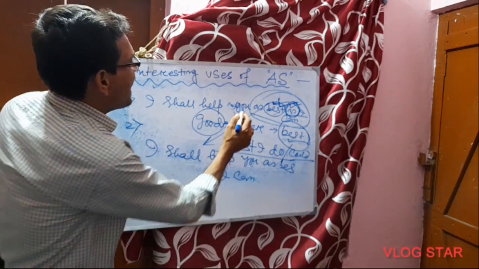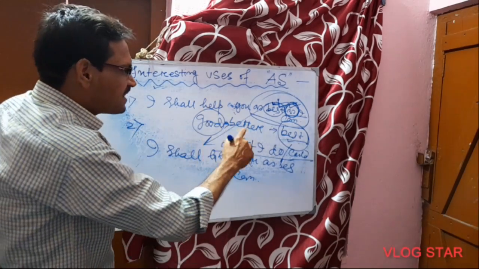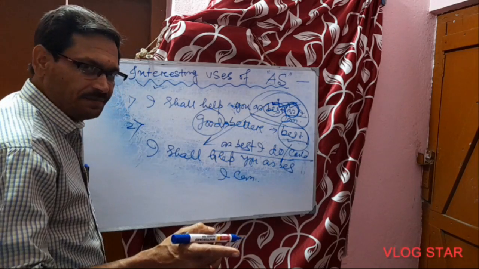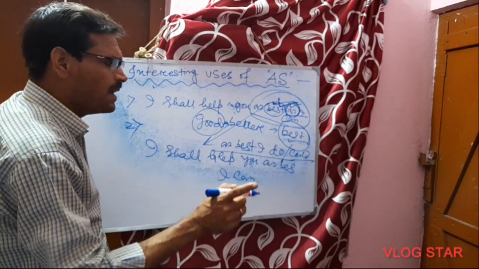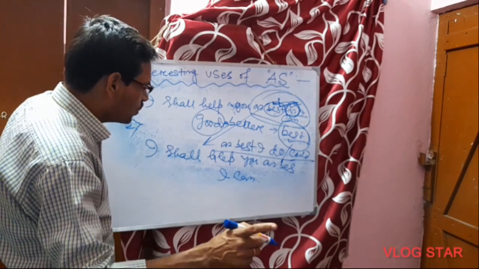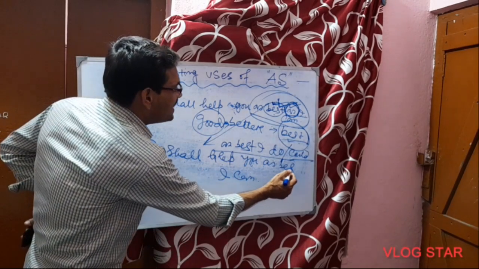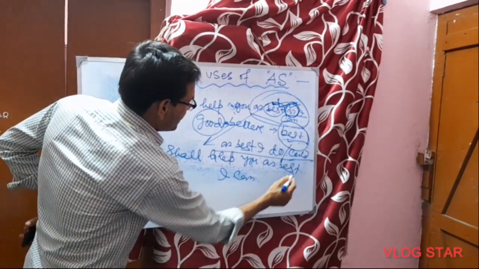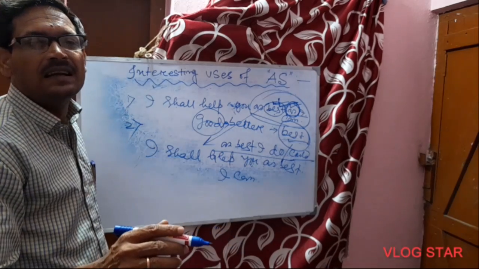As best as I can, not as best as I can. Since best is a superlative degree, it cannot be a substitute of comparison. So you have to use it in a correct way: I shall help you as best I can, not as best as I can.